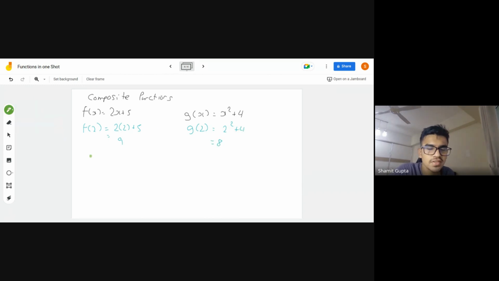Now, composite function takes it to the next level. It says f(g(x)). What is this? Because f(2), you're putting 2 inside f(x). g(2), you're putting 2 inside g(x). f(g(x)) is the same thing. You're putting g(x) inside f(x). So instead of putting a number inside f(x), you're putting a function inside f(x).